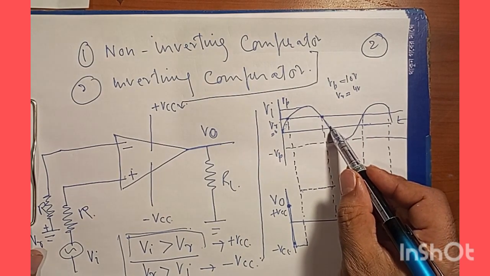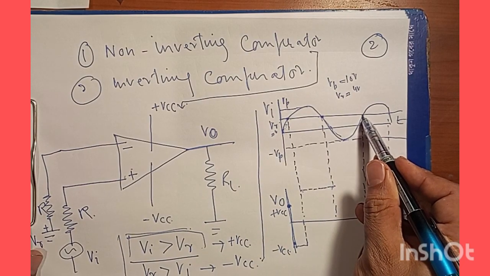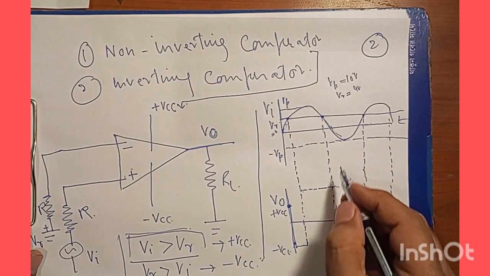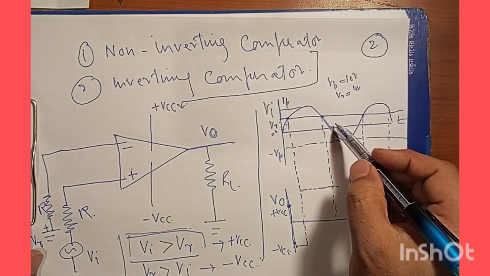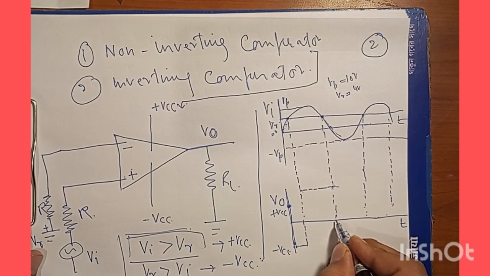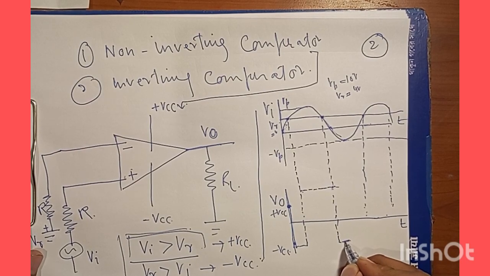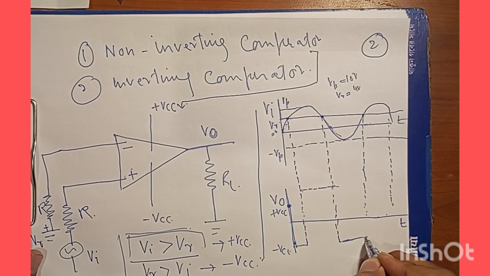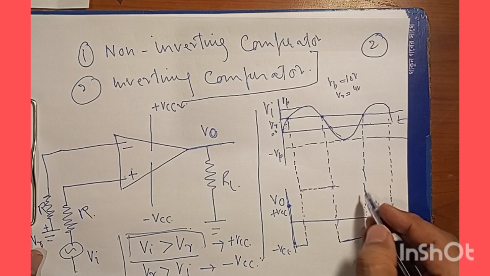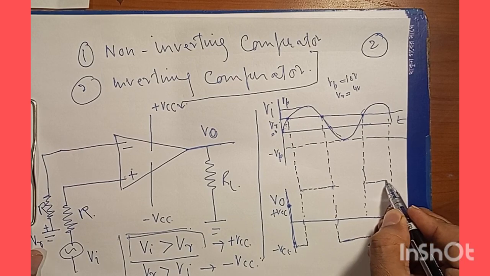Okay, then it goes down and then comes back to this point, and you can see, so from here to here we will have minus VCC, and it will go up to this. All right, so then you can find the same thing for this half cycle in this fashion.